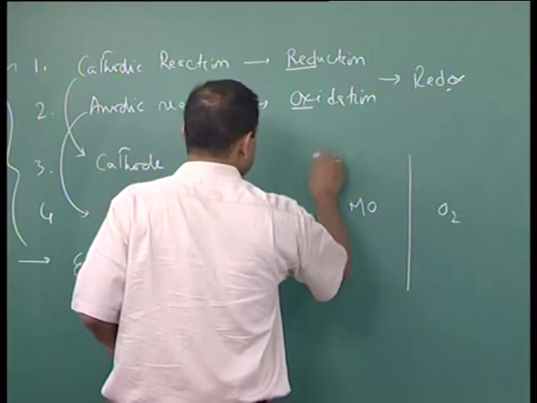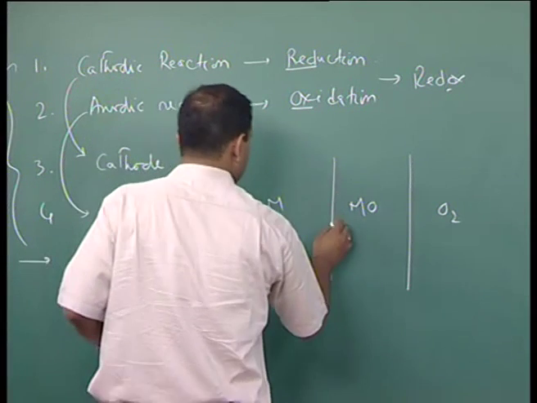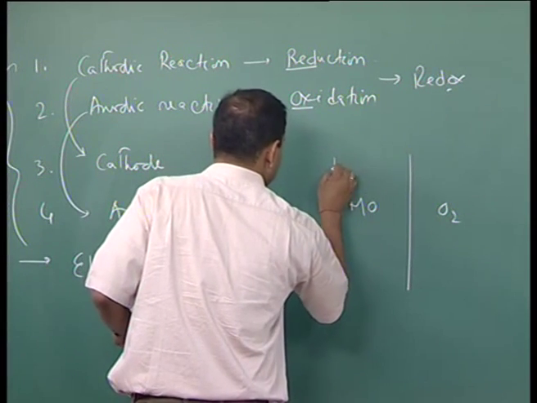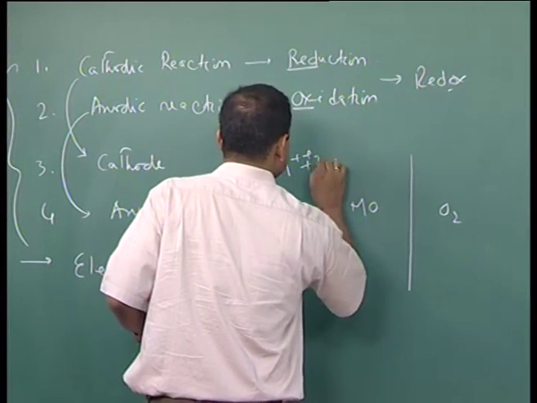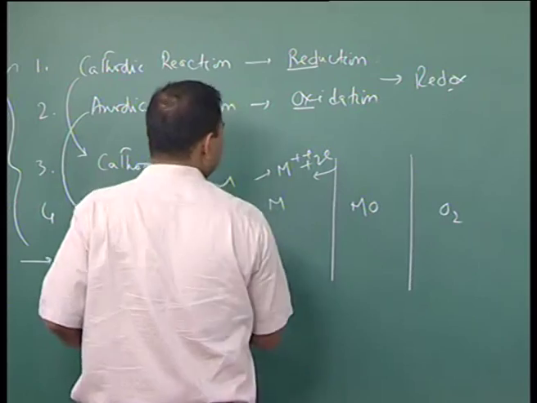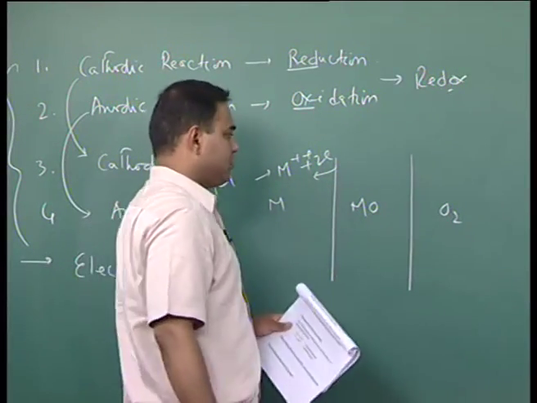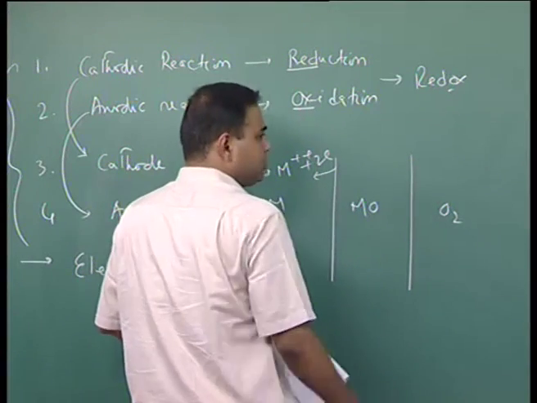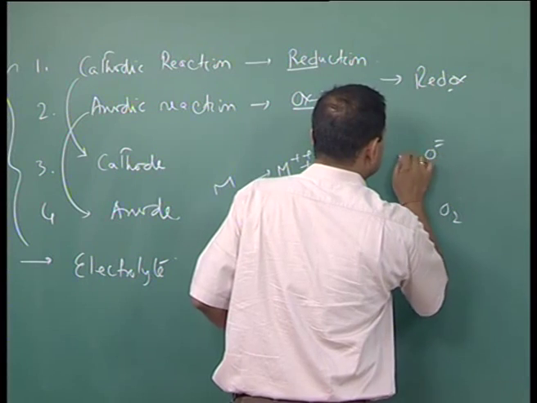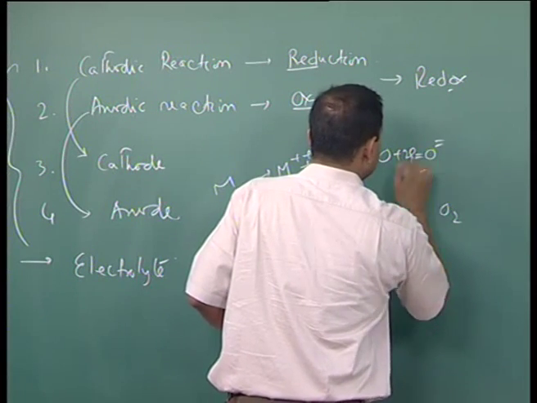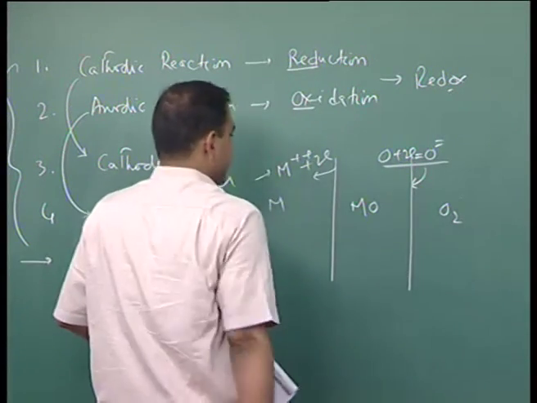One interface will act as the anode where anodic reaction occurs, the interface where you have metal ion formation from metal, M giving M2+ plus 2e. This interface is the anode, and the other interface would be the cathode, because oxygen will combine with 2 electrons and go to O2-. This is the cathodic reaction.